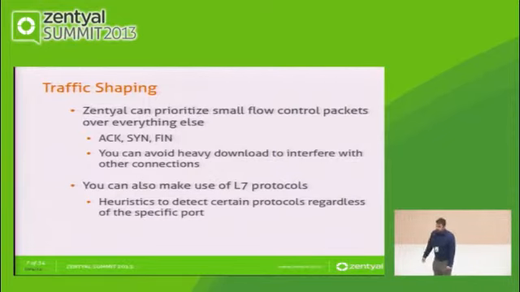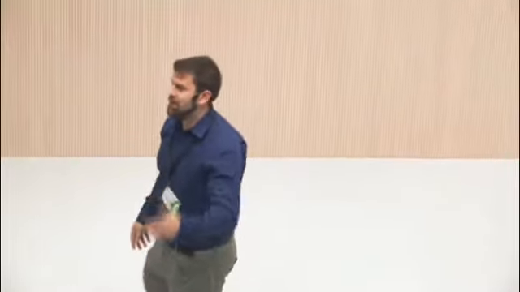So yeah, you can establish the priority and the limited bandwidth and the guaranteed bandwidth for each one of these protocols. Okay. So, well, we also have L7 protocols. If you remember the 7 layers of the ISO standard, which nobody really cares about, the last one, L7, is application.